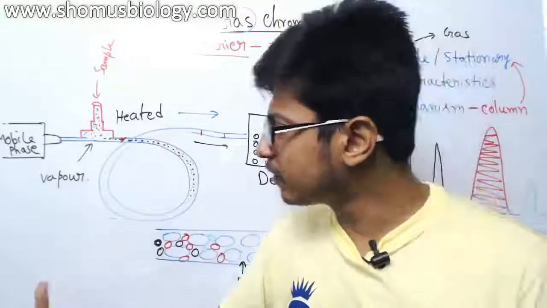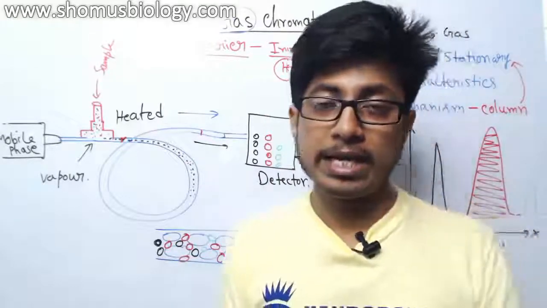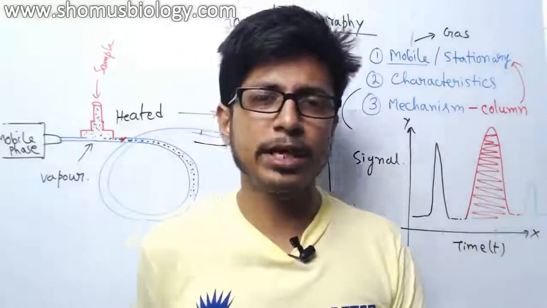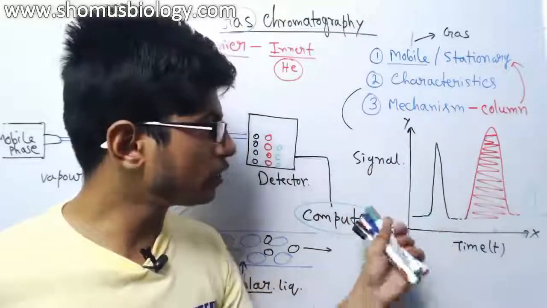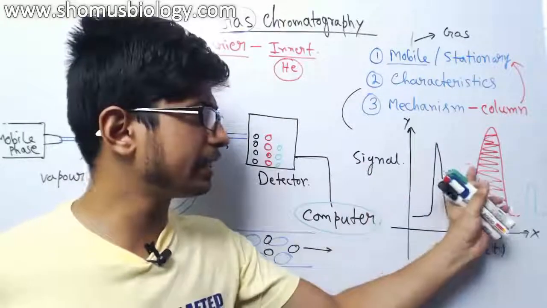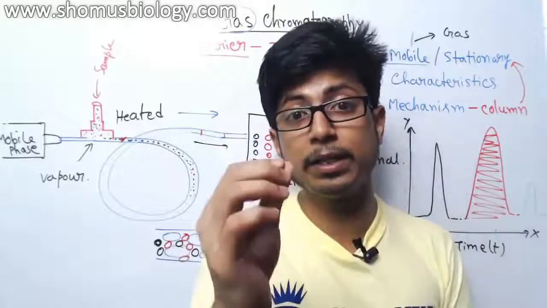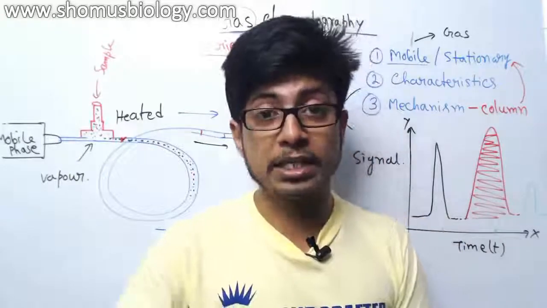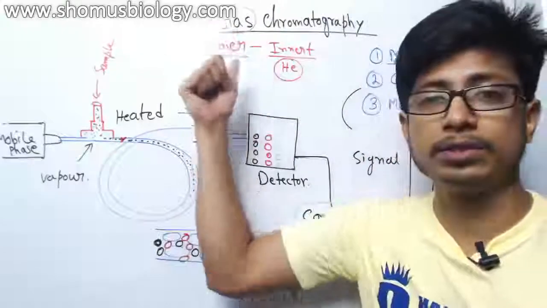And the advantage of gas chromatography is that it is very fast. It's very sensitive. That means you get very high quality quantitative data with this. And it can easily detect very low amounts of chemical compounds, even at the picogram level, that is parts per billion concentration of the compound can be detected using gas chromatography.